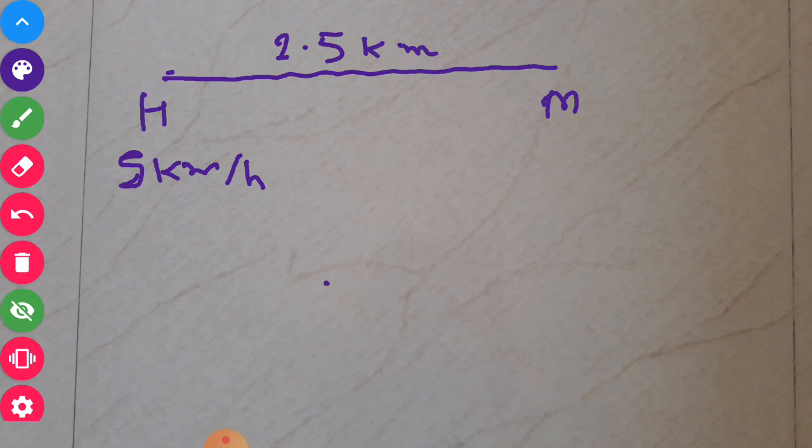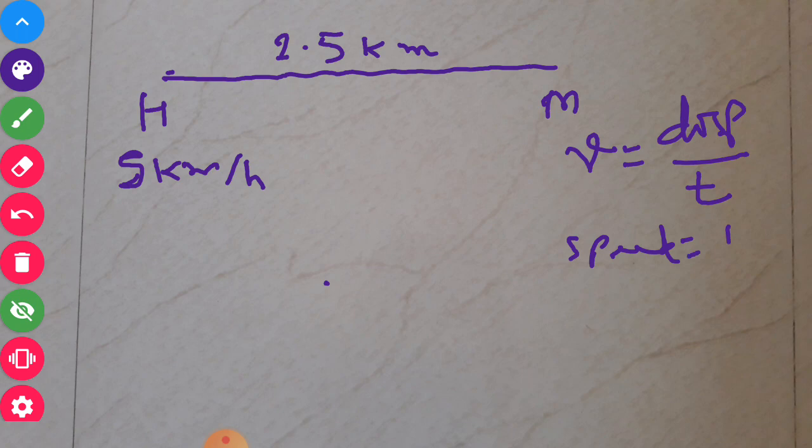Now as you know, average velocity is given by displacement upon time interval, and the speed is given by path length upon the time interval. By using these equations we can give the answer. First of all, what is the time to reach the market? That we shall find from this.